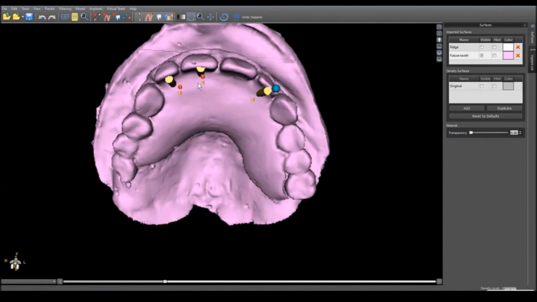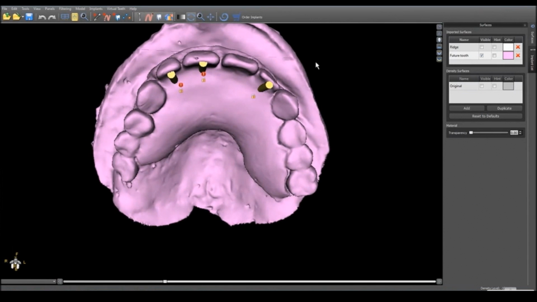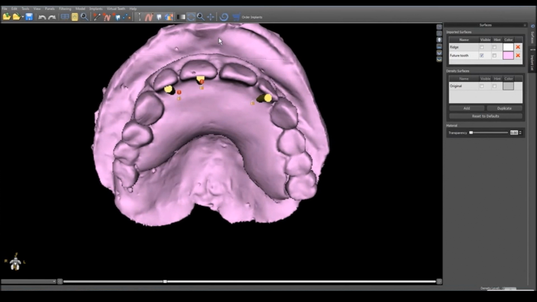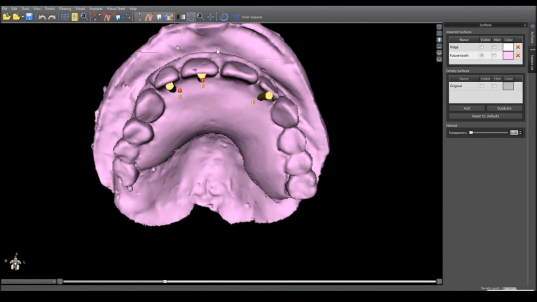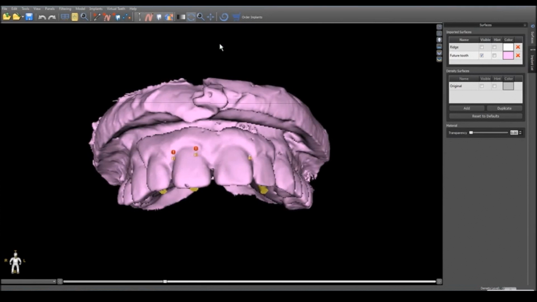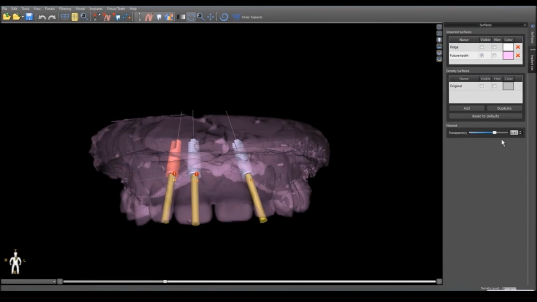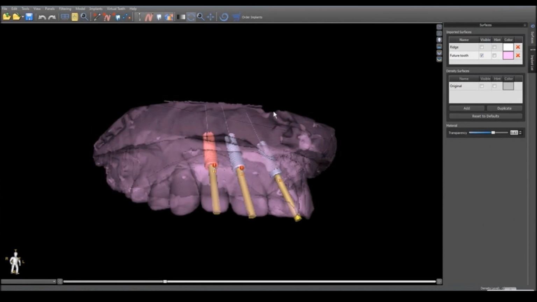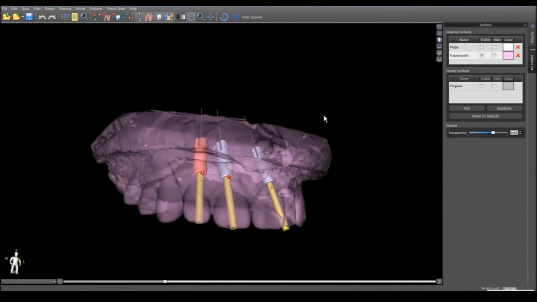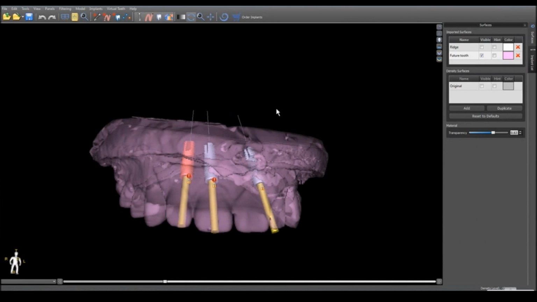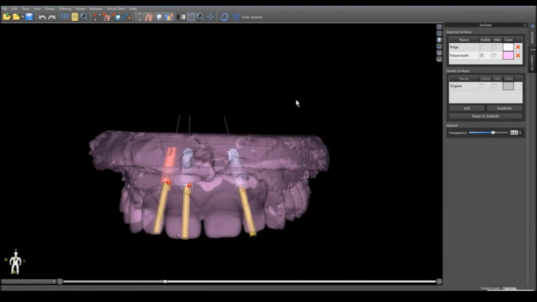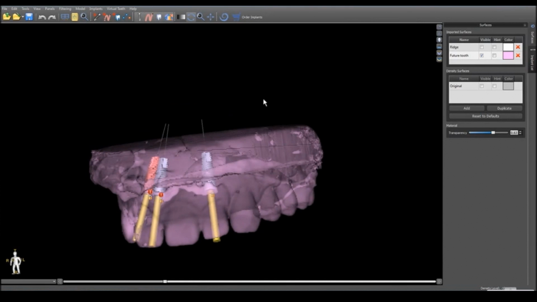Okay, so this patient is missing 7 through 10, and the restorative doc indicated that these teeth are in the correct position to represent the future teeth, and so this was done much in the way the previous case was done. Implants were placed, centered in each tooth. 7, 8, and 10.